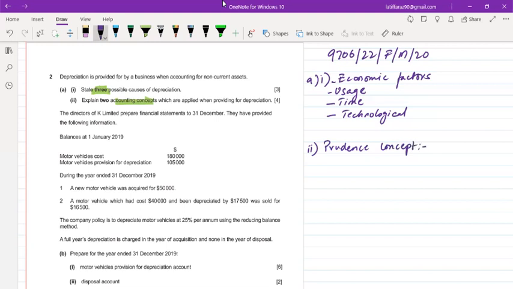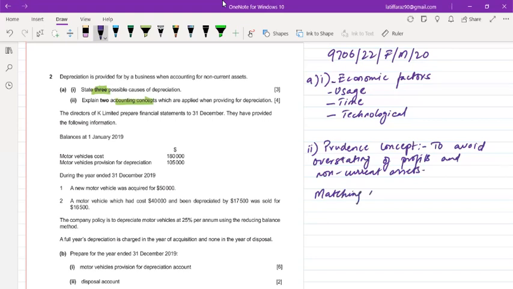The prudence concept says that we avoid overstating profits and non-current assets. The other concept is the matching concept, or we also say the accruals concept.